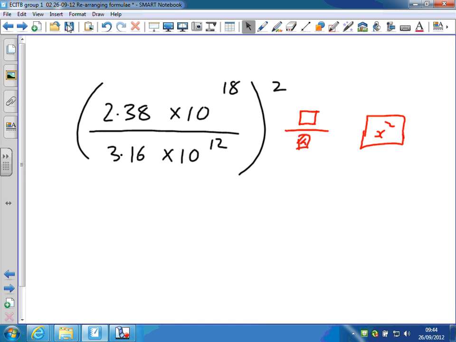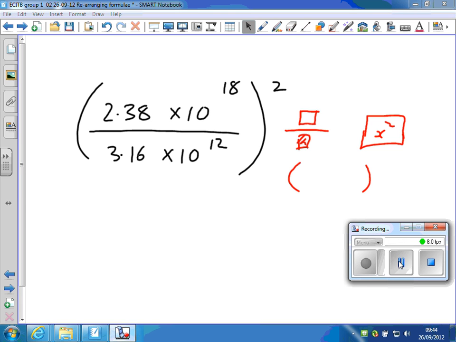You might want to put the whole thing in brackets to make sure you're squaring the whole thing. So you're going to be using the bracket buttons.